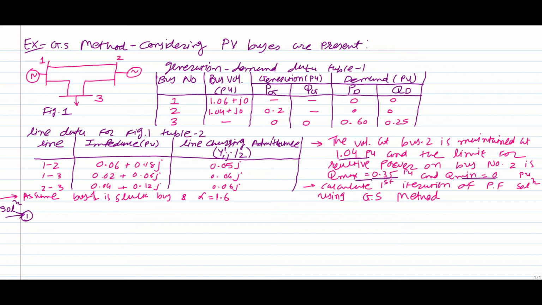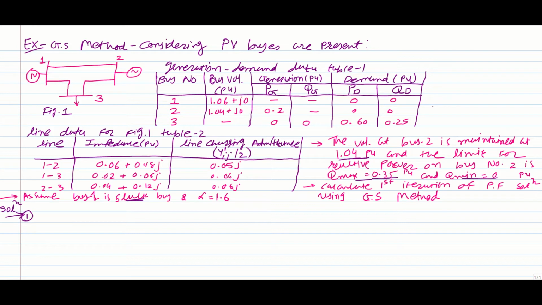So for this network you have to calculate the power flow for figure number 1 with this data. Also it is given that we have to assume that bus number 1 is the slack bus.